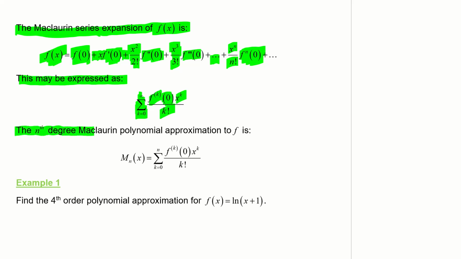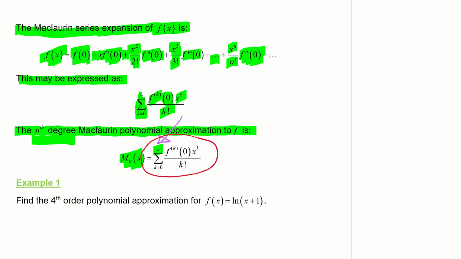The nth degree Maclaurin polynomial approximation to f is called mn of x, and notice how this one goes up to n. So that is the nth degree approximation, takes the terms up to n. If this looks complicated, don't worry, we'll look at it with some examples.